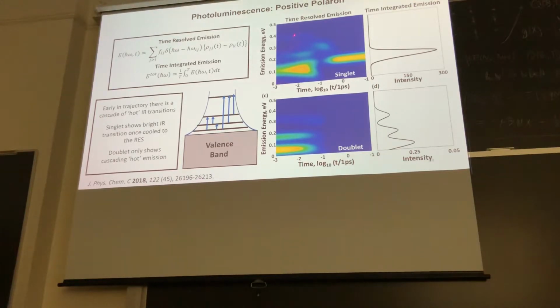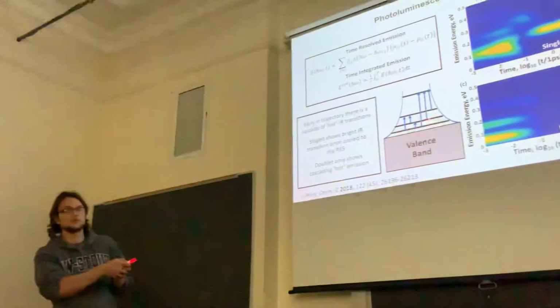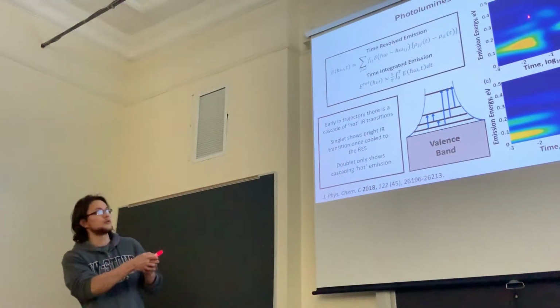And we see that early on in the dynamics, both the models show a cascading, or three separate bands of emission for these states with varying intensity. And you can kind of interpret that as you inject the charge, and then you have cascading of possible optical transitions, and then as you cool further down in the band, you essentially are just left with one optical transition, and that's what we see here.